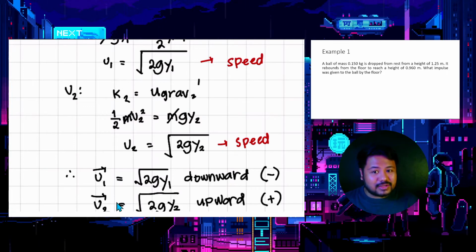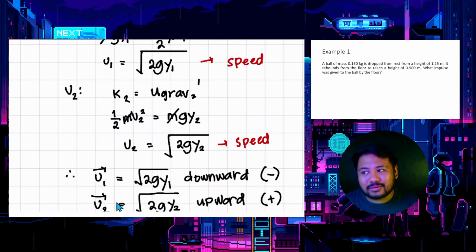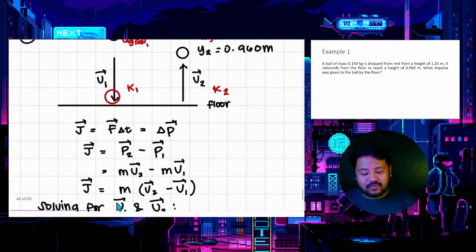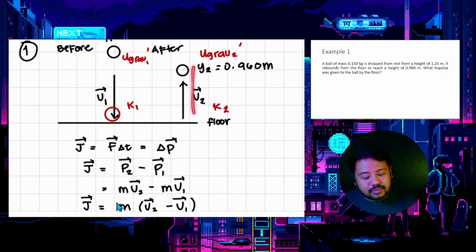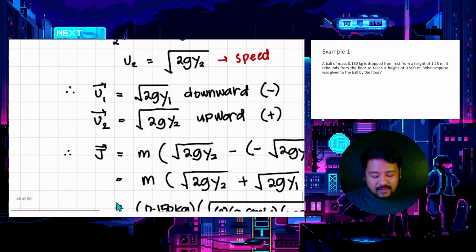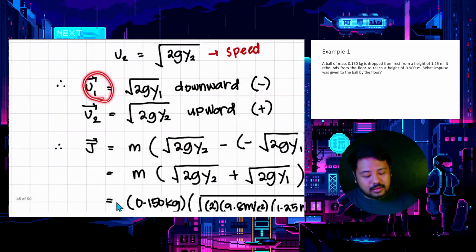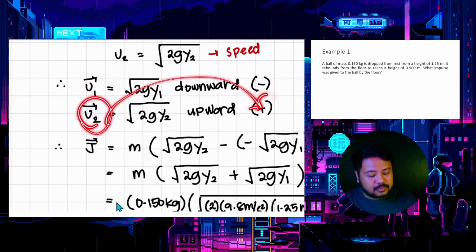We need velocity because momentum is a vector, and getting momentum, we have to get also the velocity. So we know that before it hits the ground, it is going down. So v1 is going down and v2 is going up. So we have this convention now: v1 downward negative, v2 upward positive.